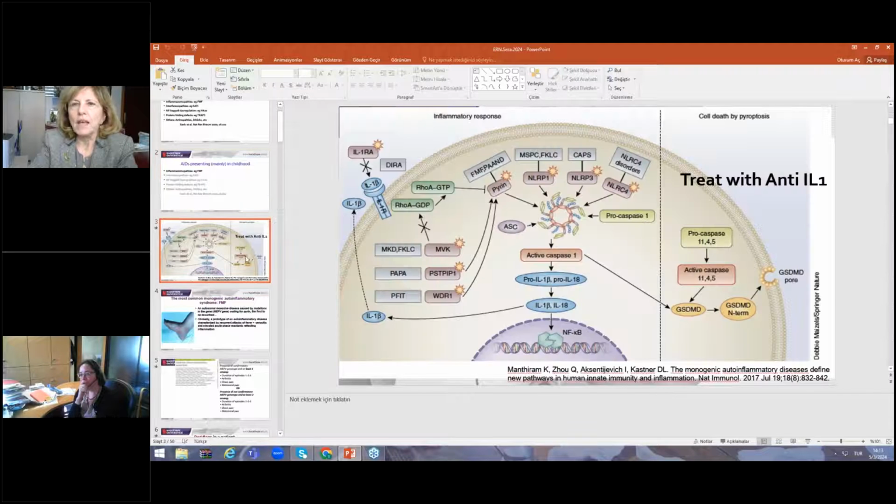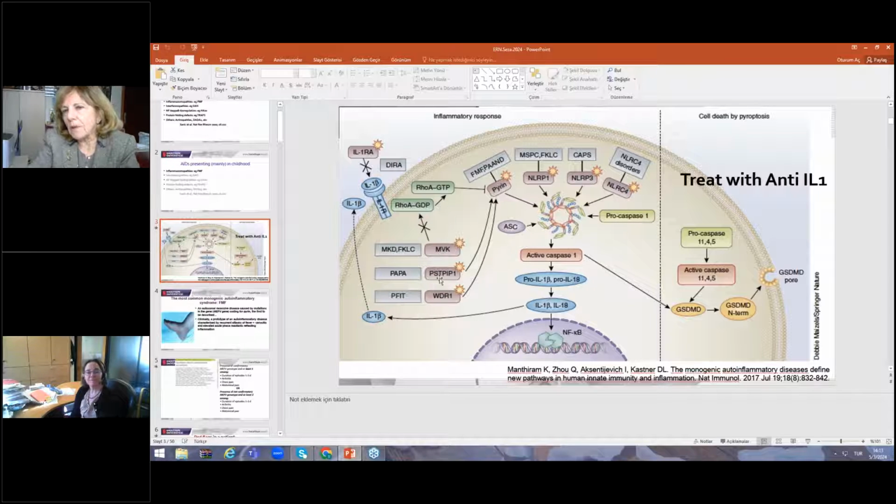So inflammasomopathies are diseases that are characterized by the dysregulation of inflammasomes. In FMF, this is the pyrin inflammasome. In others, there are other inflammasomes. We'll give you the names.